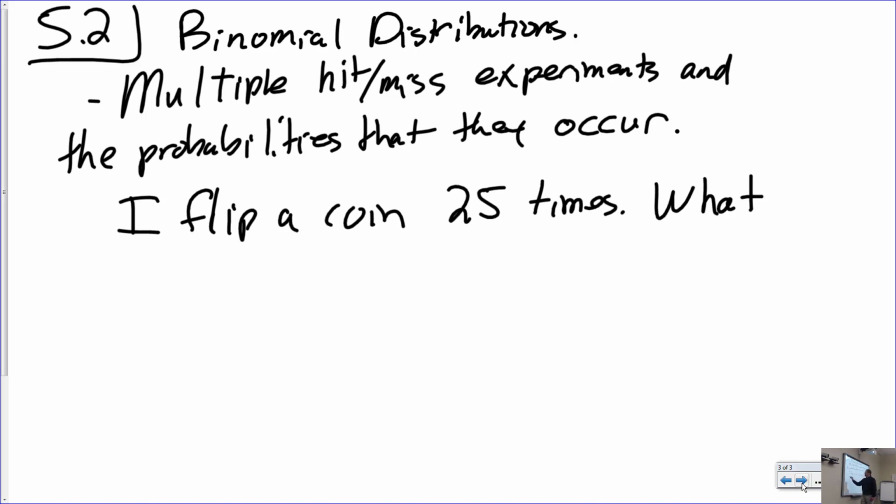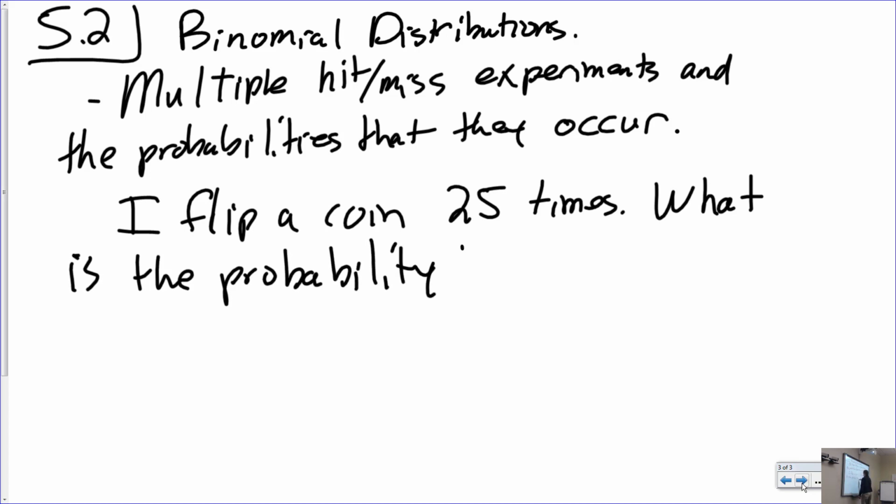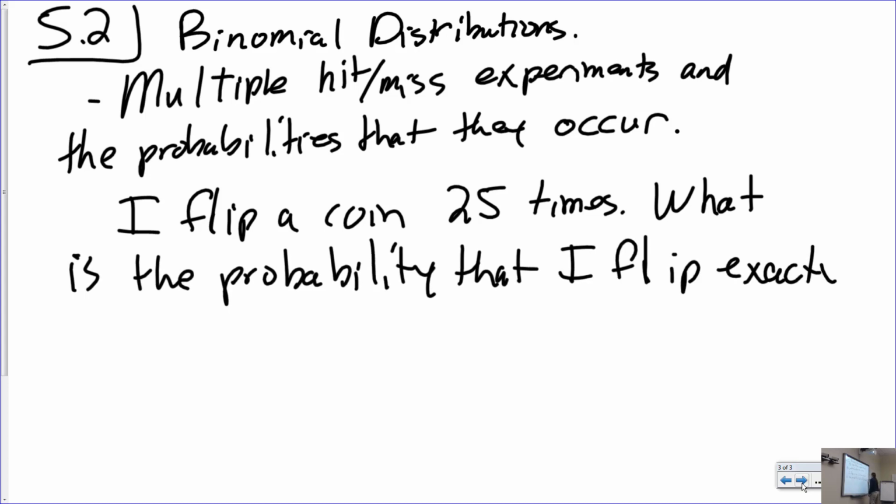What is the probability... So this is a probability calculation that we could do if we wanted to spend time figuring out how many different ways you can flip a coin 25 times.